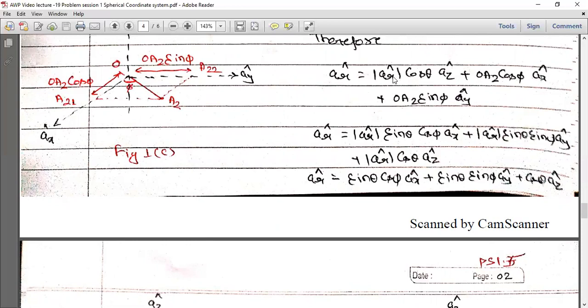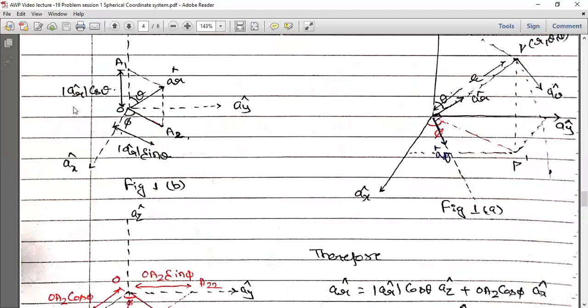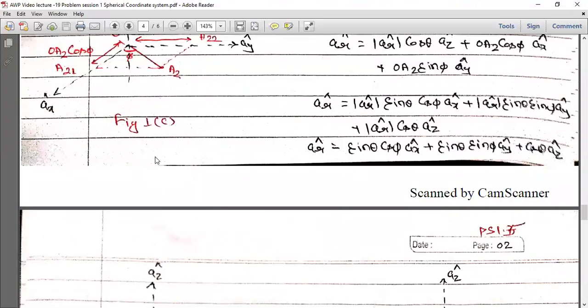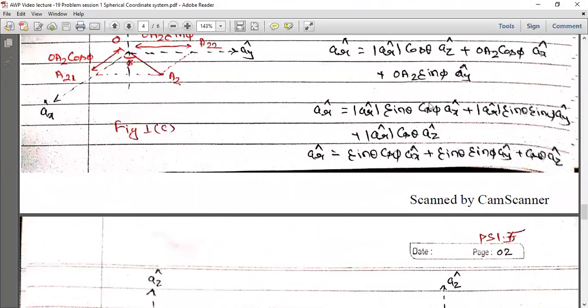By substituting the usual things, AR cap cos theta, az remains the same. OA2 cos phi, where OA2 is, as we had already expressed here, AR cap sin theta, will be replaced by AR cap sin theta cos phi ax cap, and similarly OA2 sin phi is written as mod of AR cap sin theta sin phi ay cap.